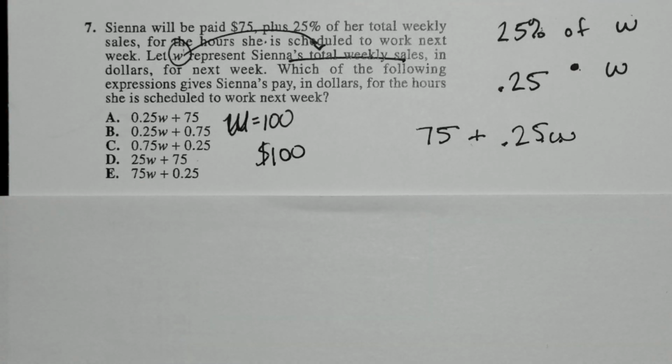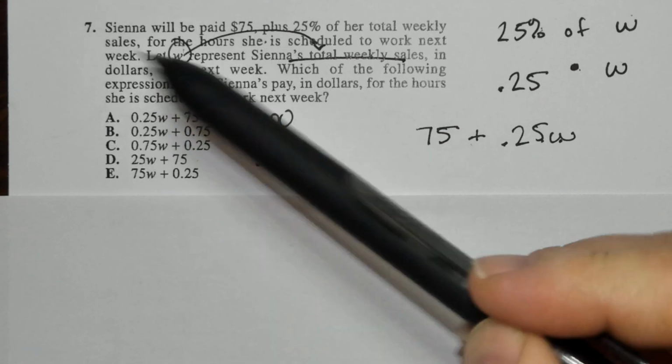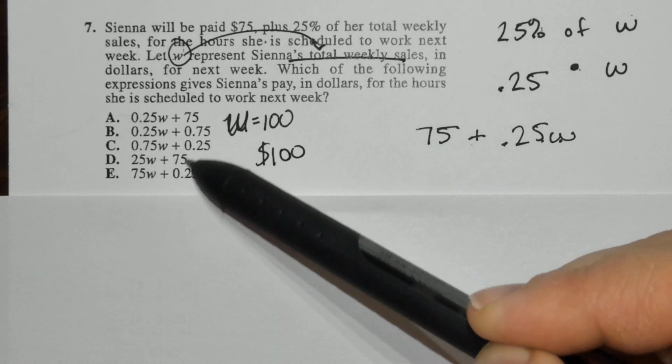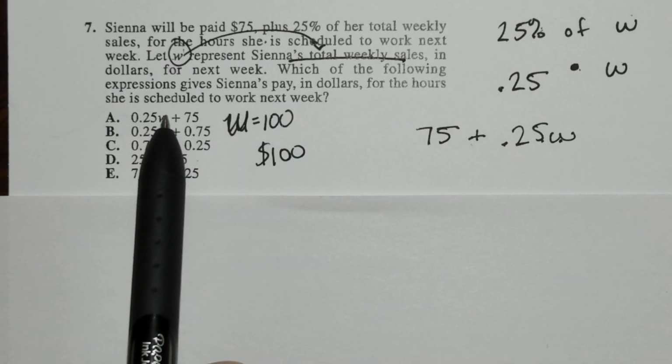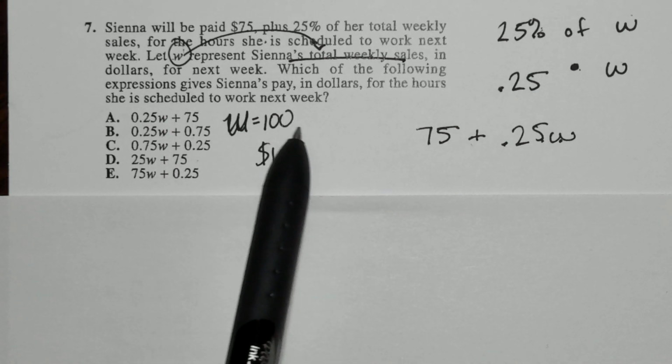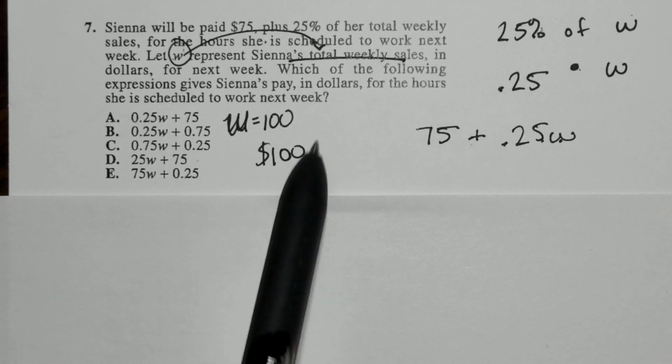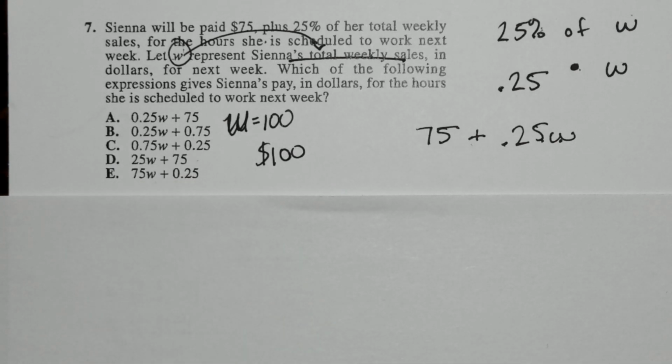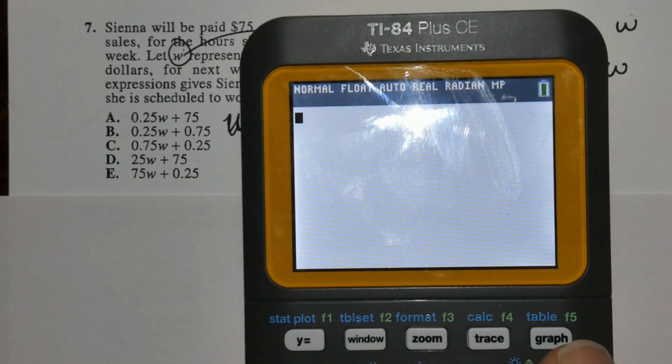Well, if we know Sienna is going to make $100 when W is 100, I can go to each expression here. I can substitute 100 in for W, and only one of these choices will end up with a final answer of 100. Let me illustrate. So I go to A and I type in 0.25 times 100 plus 75.